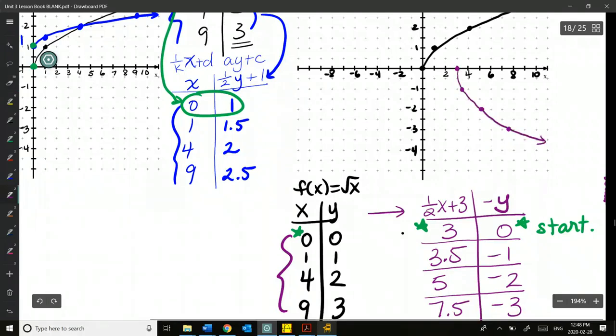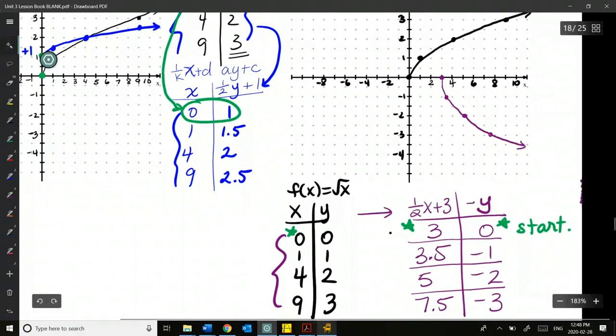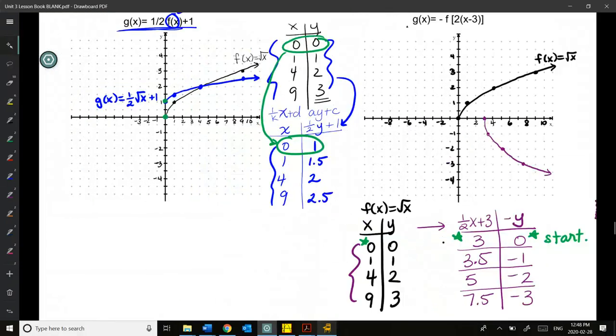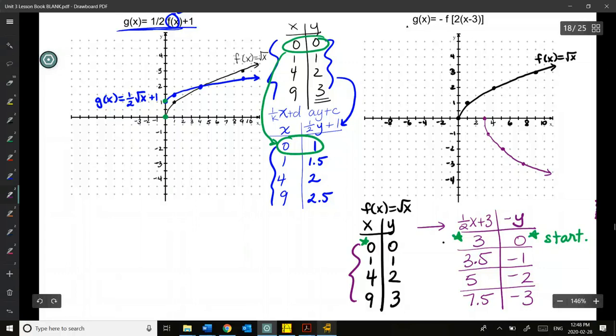There we go. Okay, and then you guys are also going to decide what our final equation should look like for this function. So what will the label look like?